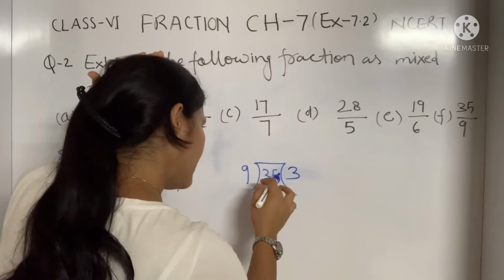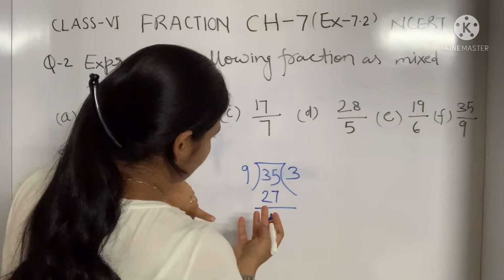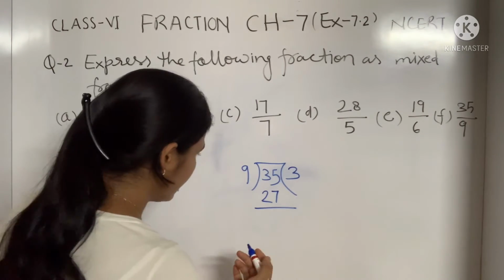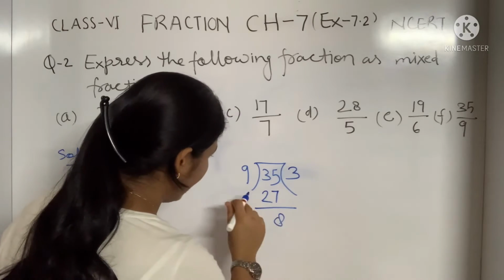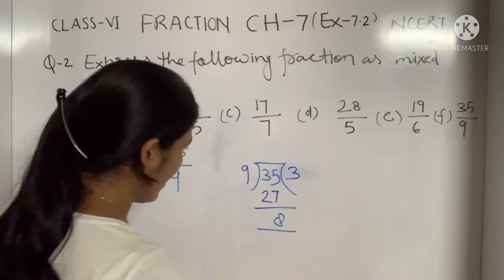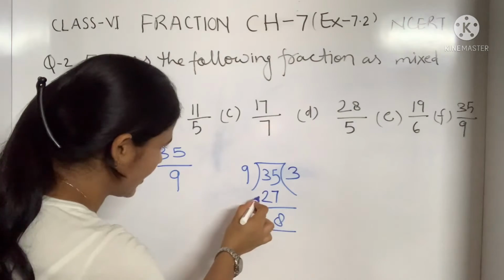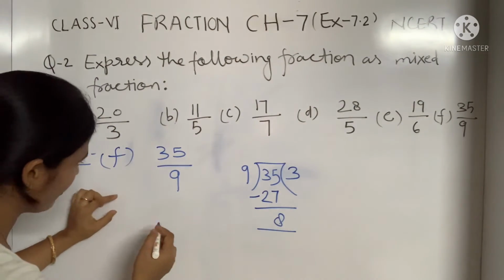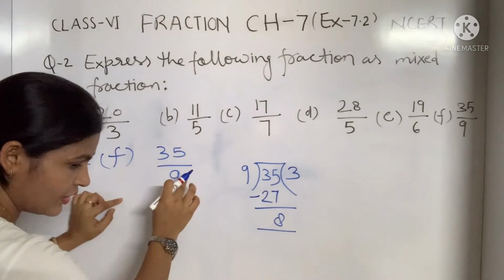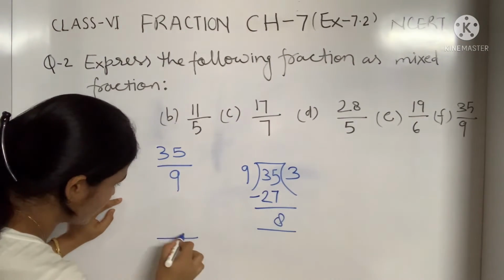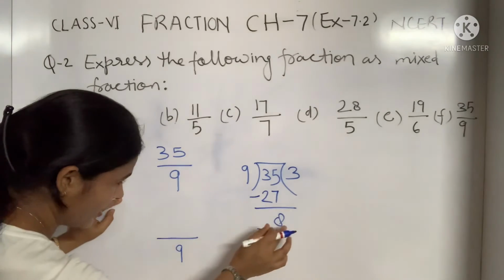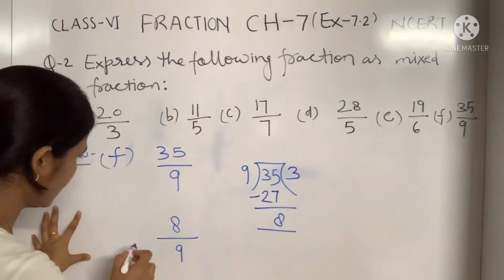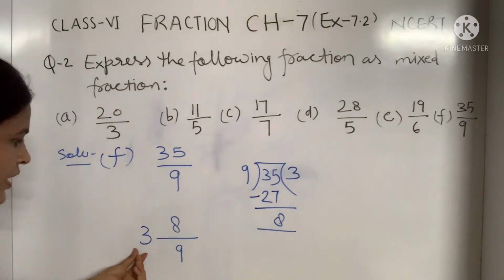After subtraction we get 8. Now we have remainder 8, and I can write this as a mixed fraction. The 9 stays in the denominator, and the remainder always goes up. So I can write 8 here, and the whole part comes in front. So I can write 3 here.